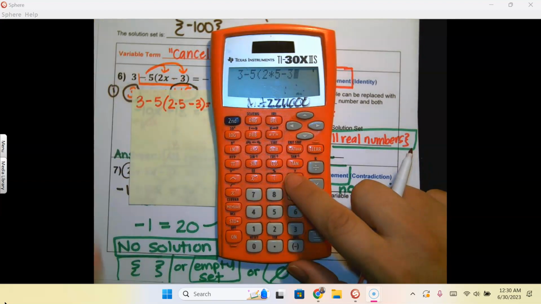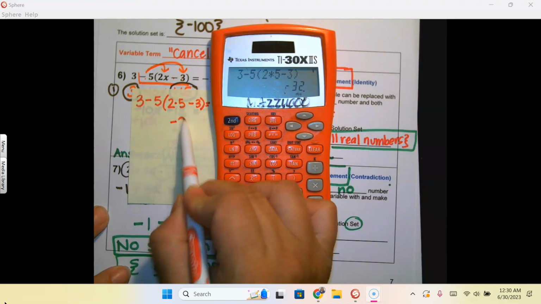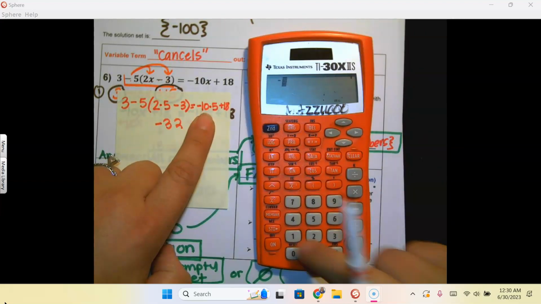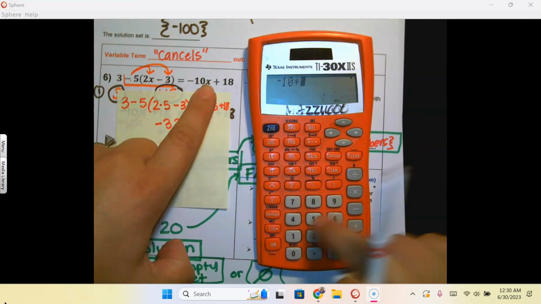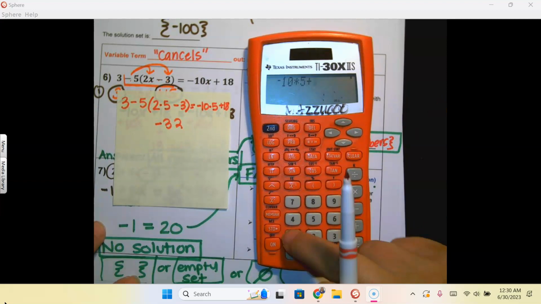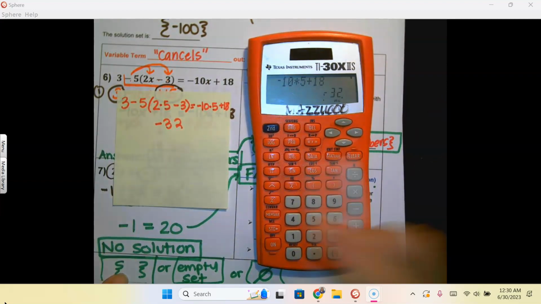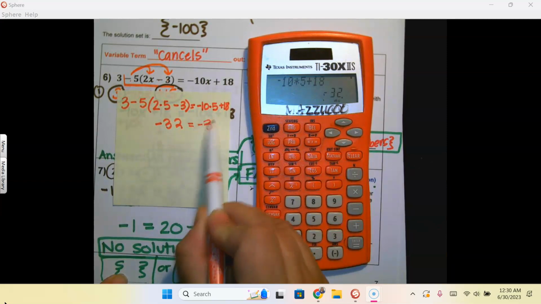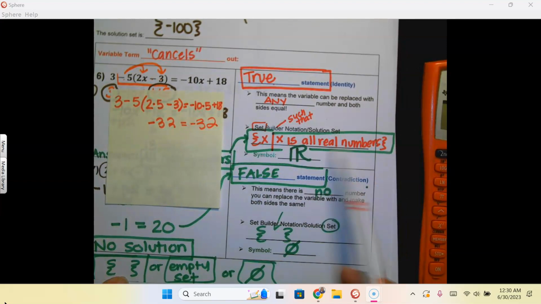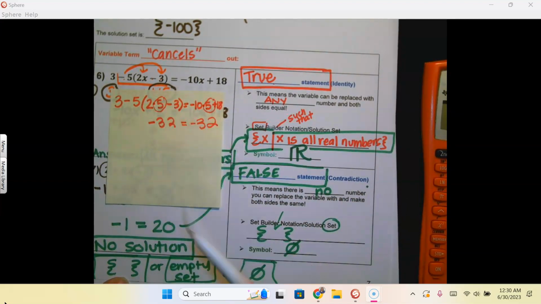So I just type the whole left side in, and I get -32. Now I do the right side here. -10 times the 5 that I randomly picked. Again, you could have picked a different number. Just make sure you put the same thing in both of them. And we get the same thing. So that's what it means to be all real numbers. Any number you want, you could put here and it will work.